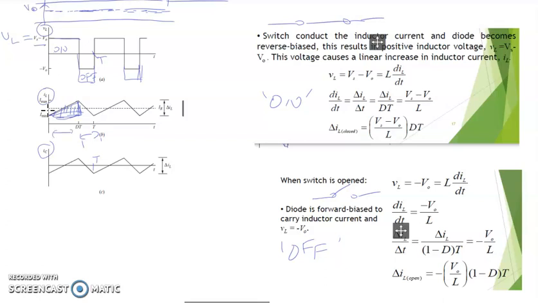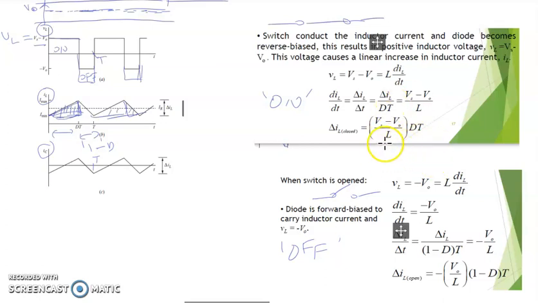Now dt is 1 minus D times T, so equal to negative V naught divided by L. So during open, that is during the off state, the amount of your delta IL is equal to negative V naught divided by L times the remaining time of 1 minus D times T. Okay, these are the two formulas which happen on the on state and the off state.